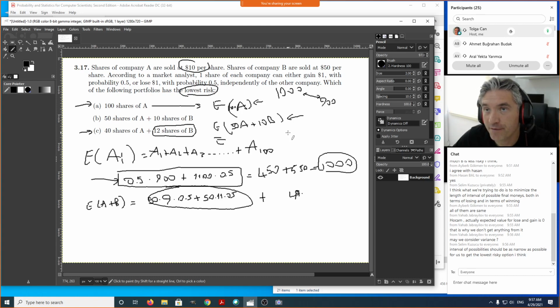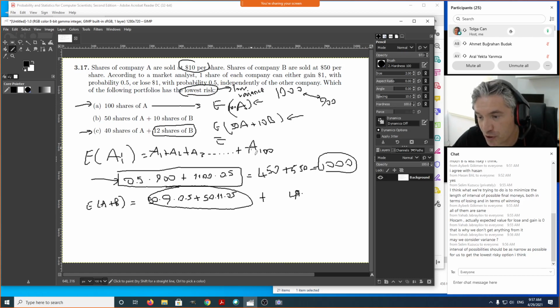Because if you have high variance, it means that you're likely to lose as well. It fluctuates. Whatever expected value is here, if the variance is large, it fluctuates more. So lowest risk corresponds to low variance. So we should actually compute the variance of these variables.